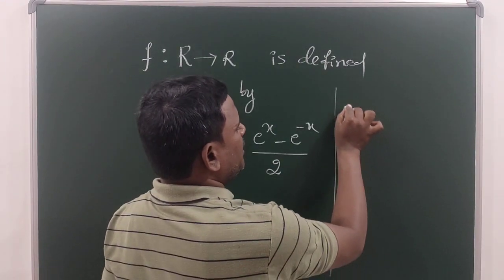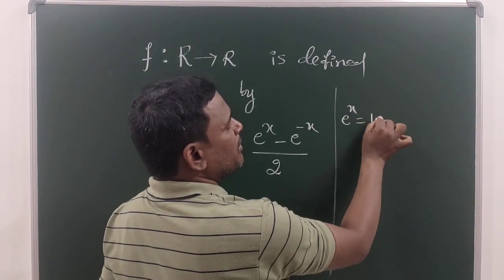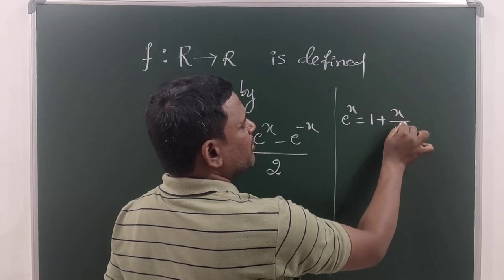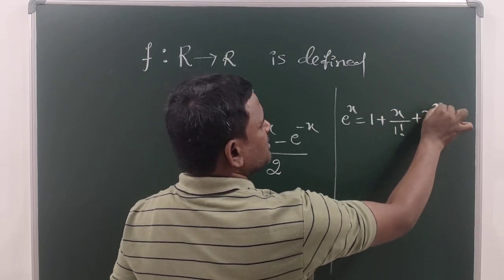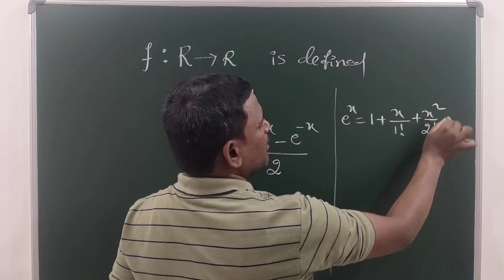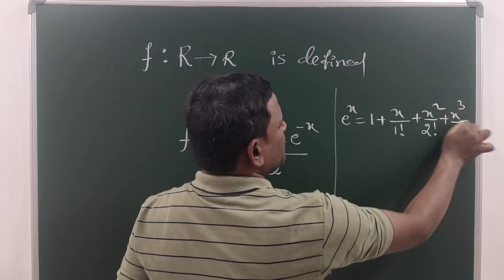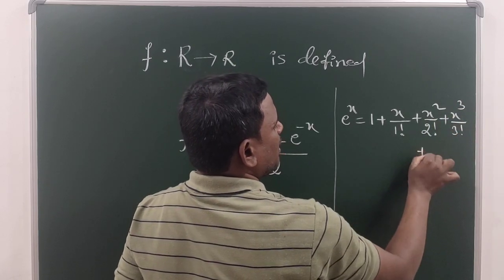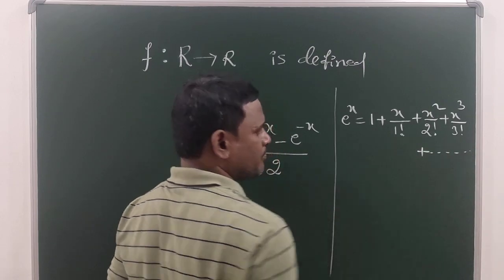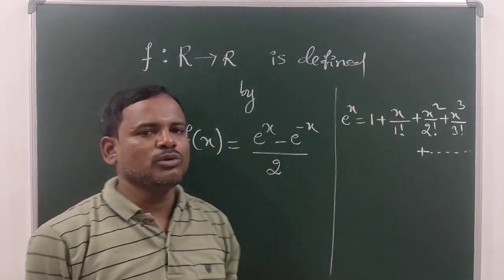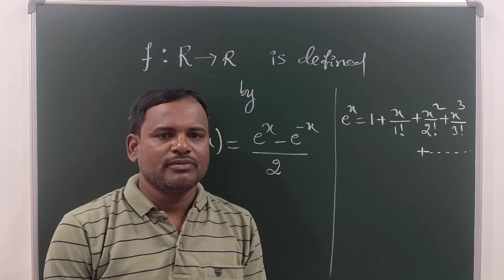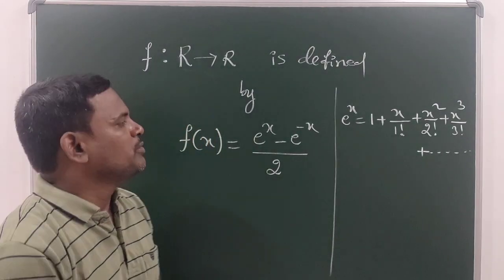So e power x is equal to 1 plus x by 1 factorial plus x square by 2 factorial plus x cube by 3 factorial and so on, where x belongs to real numbers.